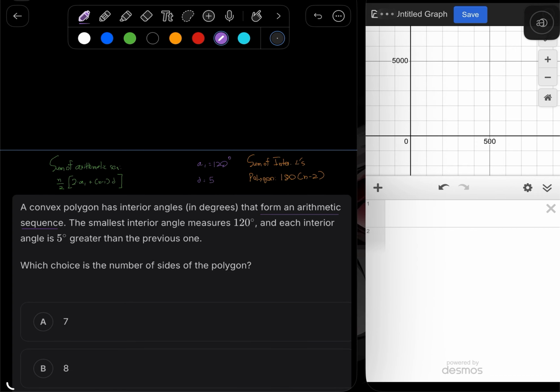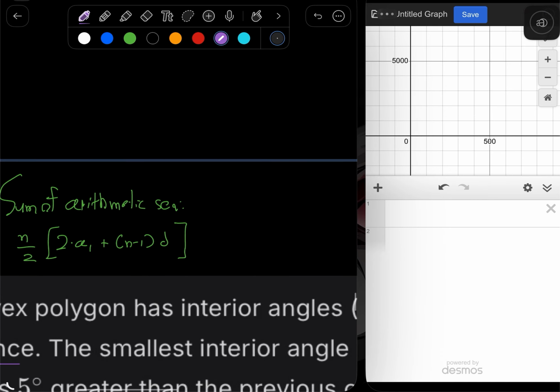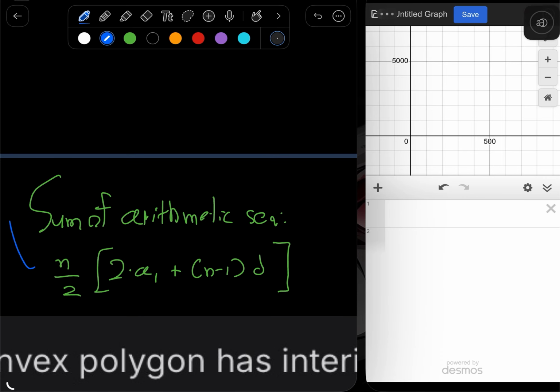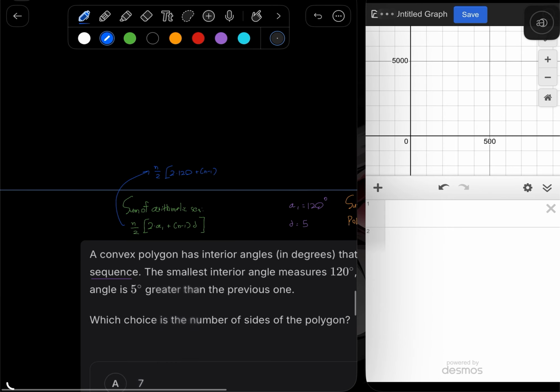So now it's simple. What you do is set those equal to each other. You know A1 is 120, so let's write that down. You have n over 2 times 2 times 120, because that's A1, the first term, plus n minus 1 times d, the common difference.